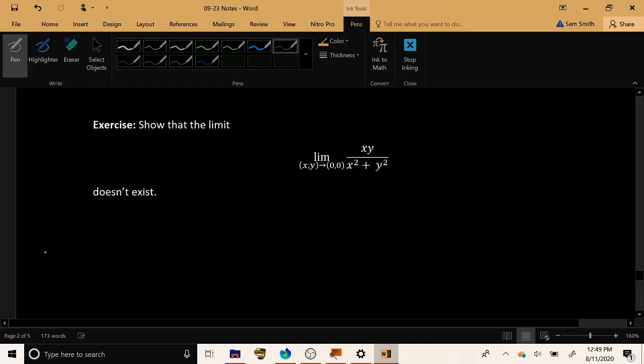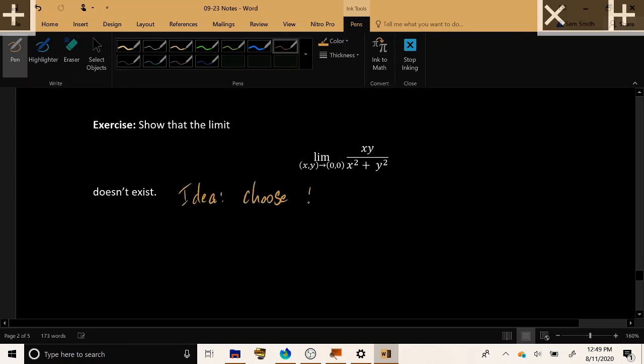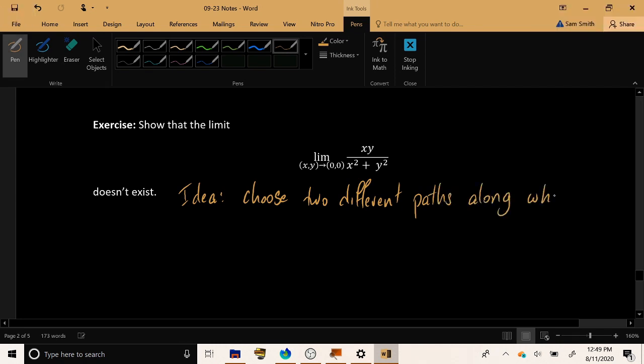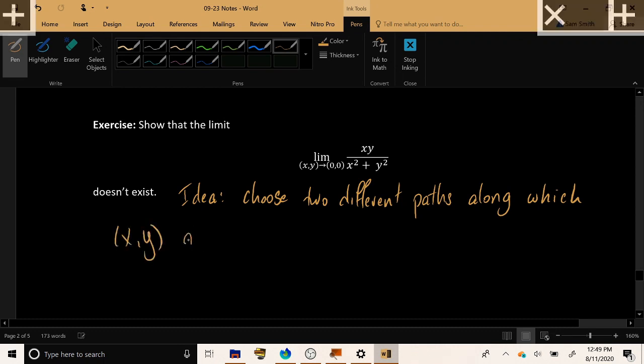Okay, now the idea is to choose two different ways for xy to get closer to 0, 0, and show that the function approaches different values along those two paths.